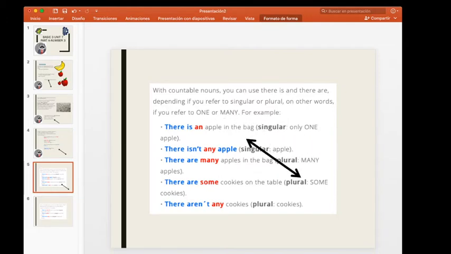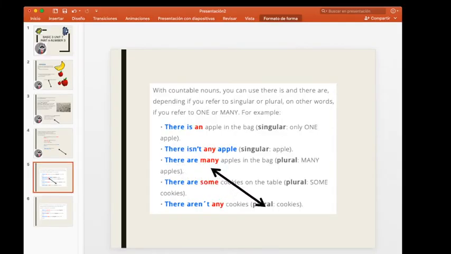For example, there is an apple in the bag. So, singular, just one. There isn't any apple, singular. The any means no one. Okay?